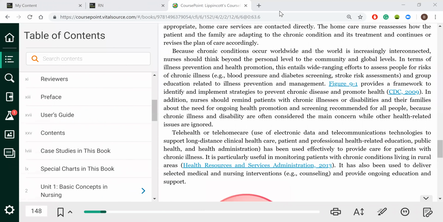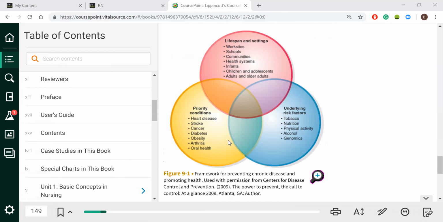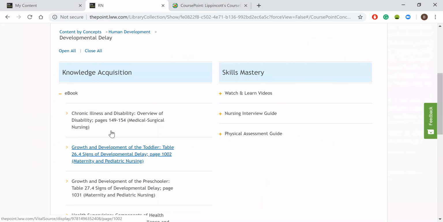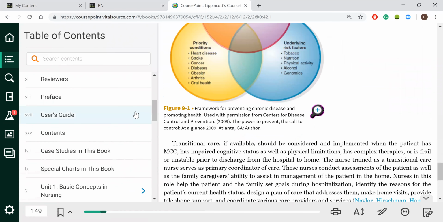So when you click on there, this is where it should take you. So here's the framework for preventing chronic diseases and health promotion. Now, if you're wondering if you're in the right place, go back. It should be pages 149 to 154, correct? So here I'm on page 149 if you look at the bottom left.